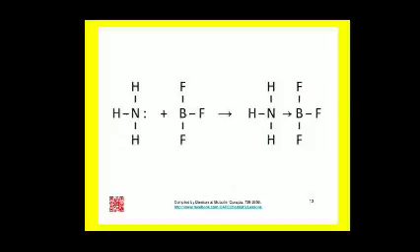Here ammonia contains one lone pair of electrons on the central nitrogen atom, and the boron atom contains one vacant orbital.